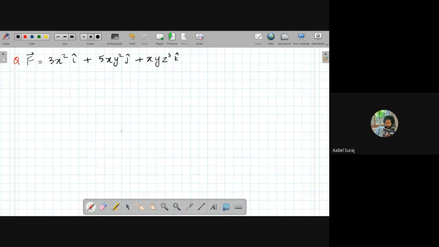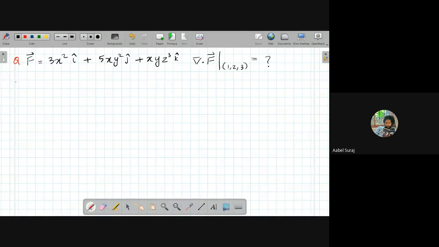So you need to find del dot f, the divergence of this vector function f at 1, 1, 1 or at 1, 2, 3. Anybody have the question papers in hand? Is it 1, 2, 3 or 1, 1, 1?